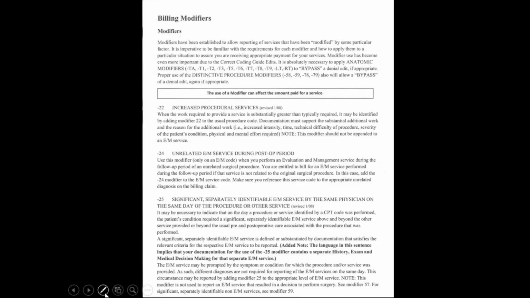Perfect. But I said it created 2 problems. Here is problem number 2. That 24 modifier got you paid for that unrelated E&M service during that postoperative period. But as soon as you administered that injection, a minor surgical procedure code, we've created a situation where an E&M service is being performed in conjunction with a minor surgical procedure.